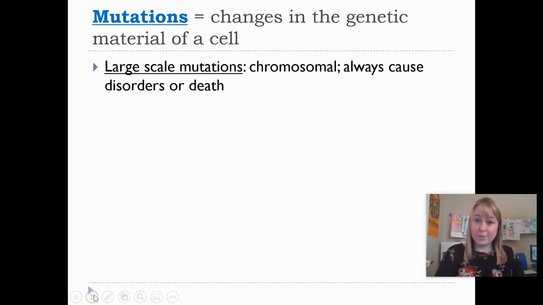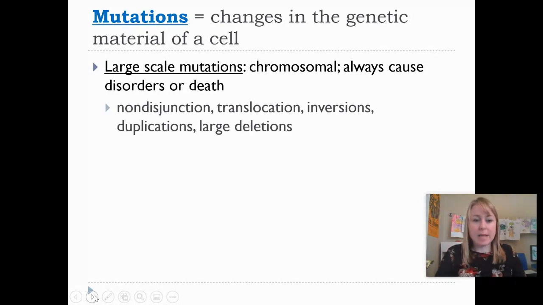A large scale mutation is called a chromosomal mutation. And that is when an entire piece of chromosome containing tens or hundreds of genes can break off or invert itself. Those always cause major challenges and difficulties for the cell and for the organism, maybe even death.